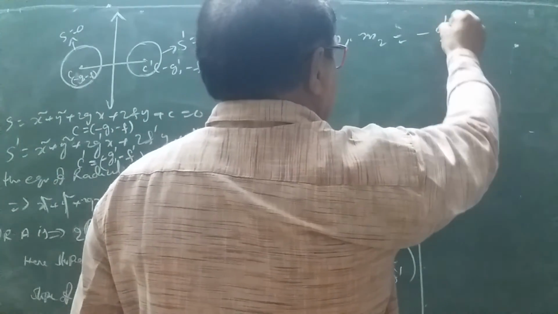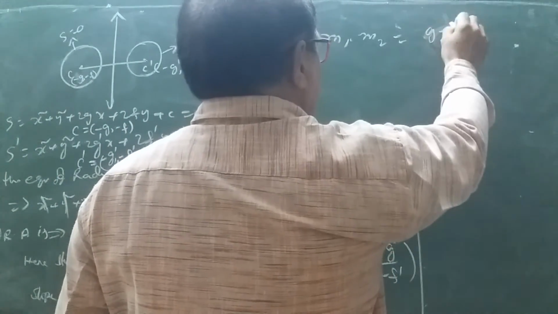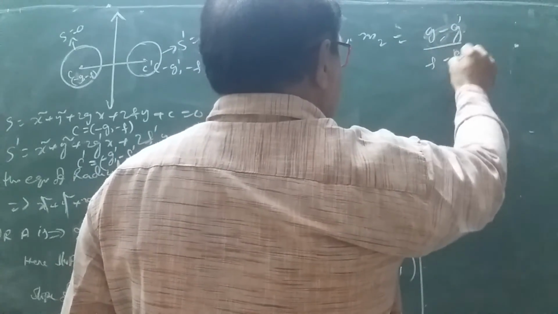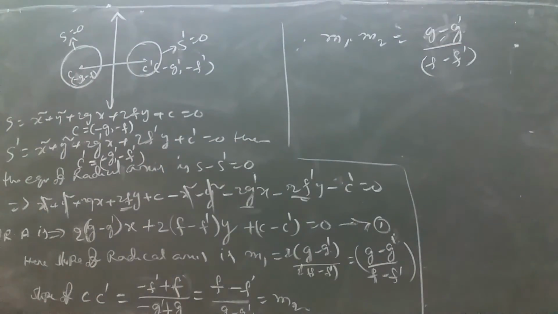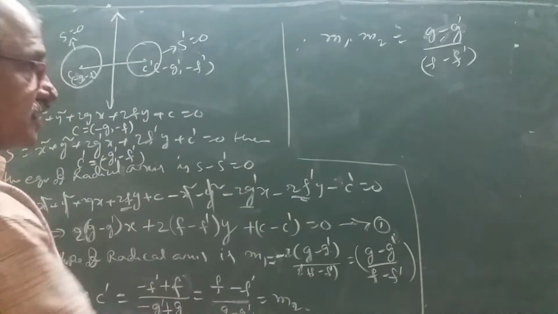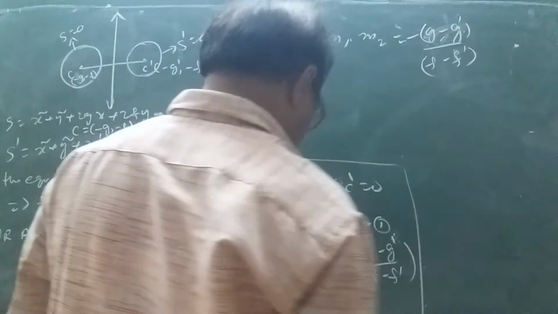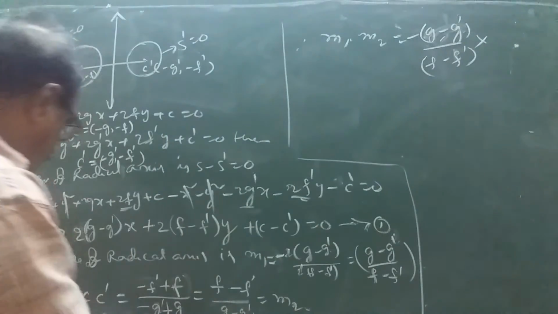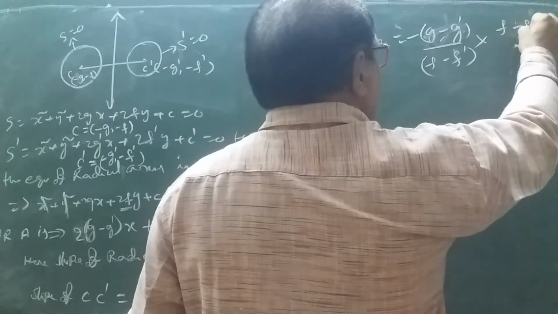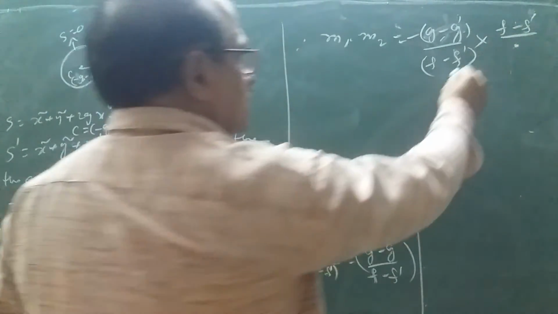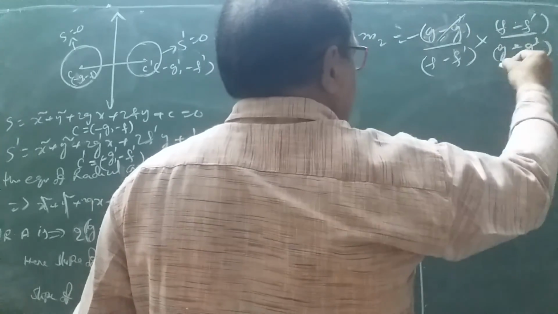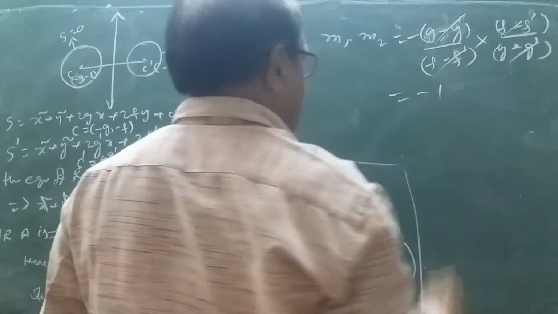Sorry, here minus x coefficient by y coefficient, so minus of g minus g dash by f minus f dash, into the slope of CC dash, that is m2, f minus f dash by g minus g dash. By simplification, g minus g dash and f minus f dash get cancelled, and we get minus 1.